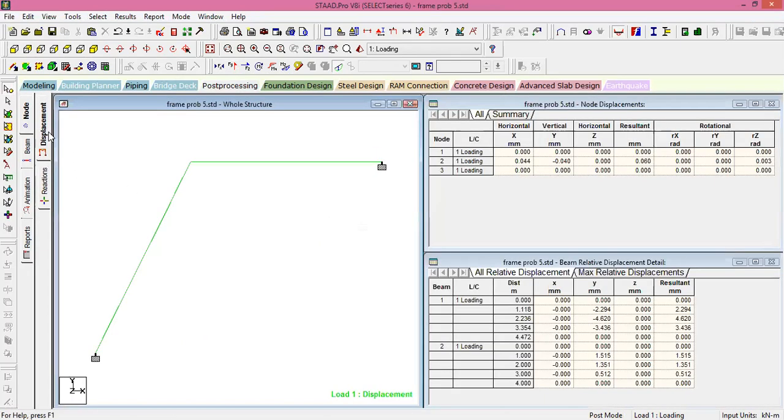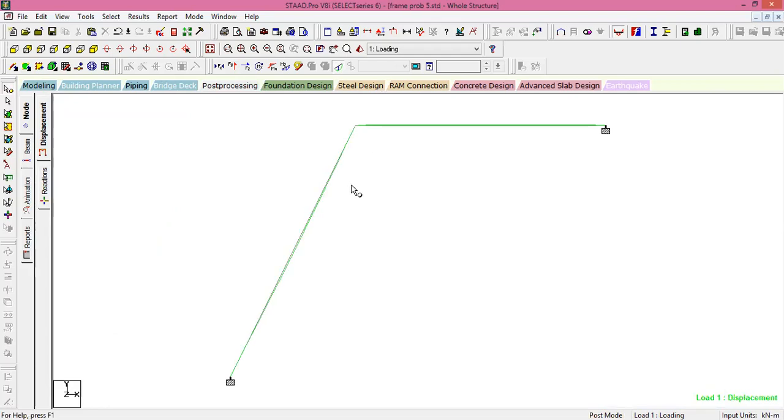And you can also see the displacement diagram or the elastic curve. Just increase the scale. You can see that the elastic curve here is on the top. Why?